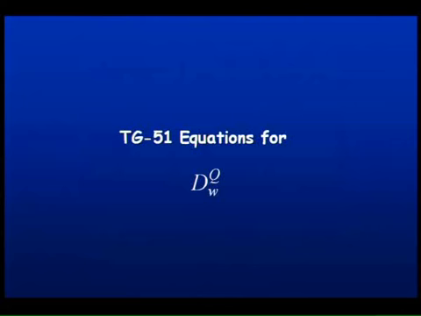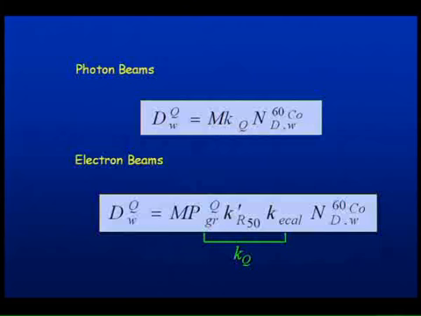Okay, so the basic equations for TG51. You have already seen these equations. It's the photon beam equation. The protocol has provided calculated values of Kq for cylindrical chambers only, and recommended that only cylindrical chambers be used for calibration of photon beams.